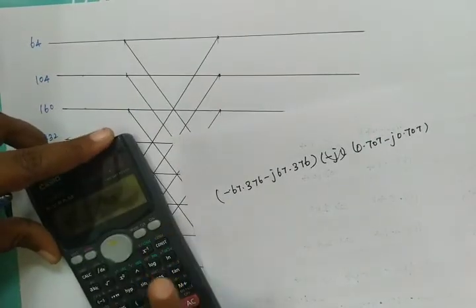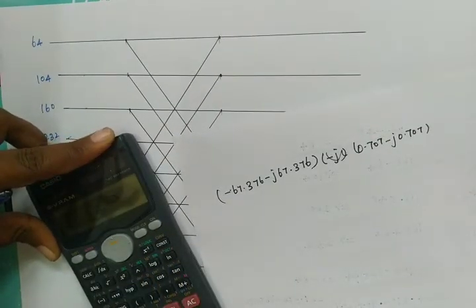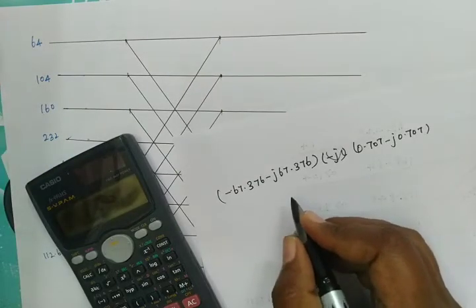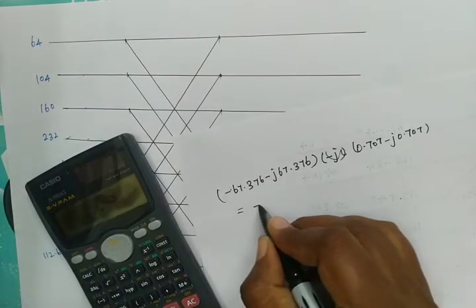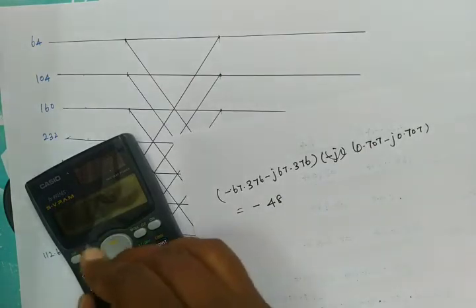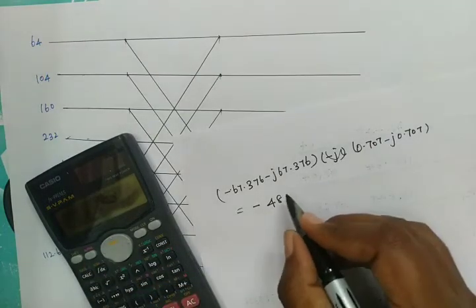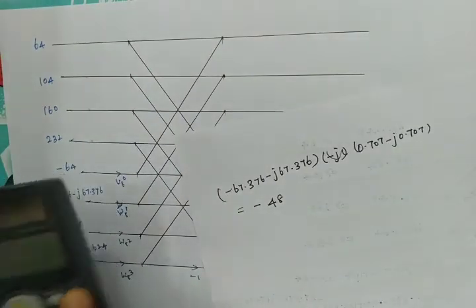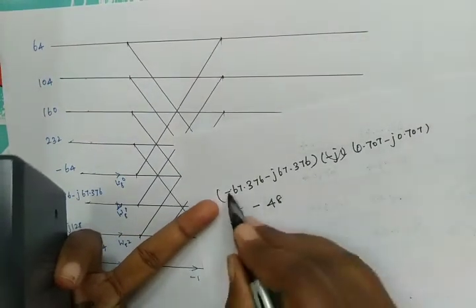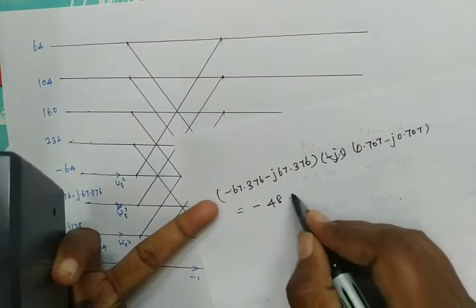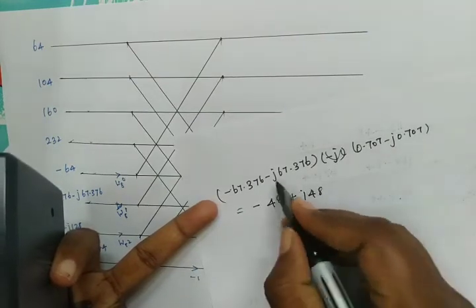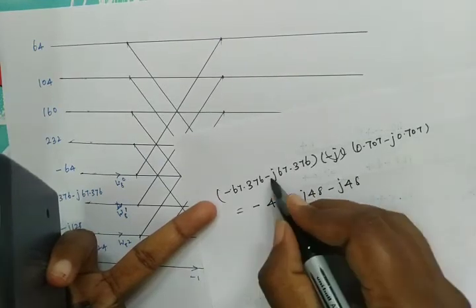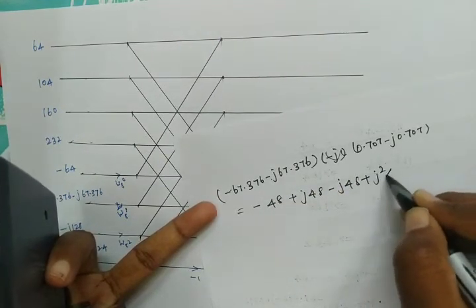So 67.376 into 0.707 is equal to 47.6 here. So we can represent this as minus 48. We can round off this 47.6 as 48. So minus 48. Then here we have plus minus into minus plus j 48, and here it is minus into minus plus j square 48.